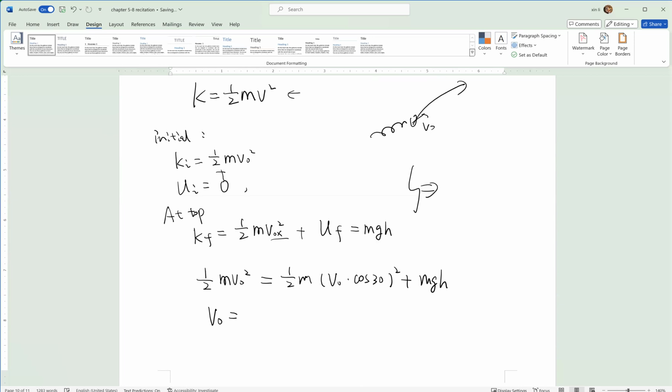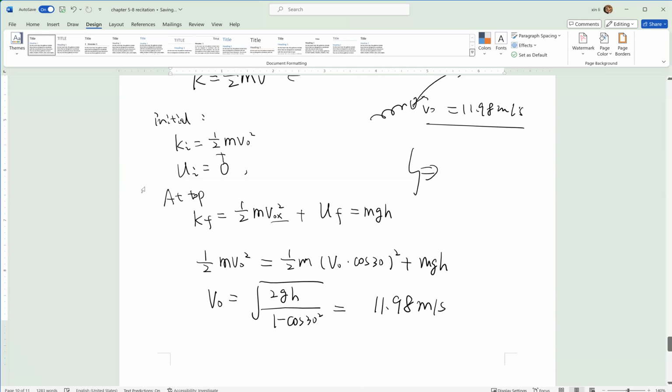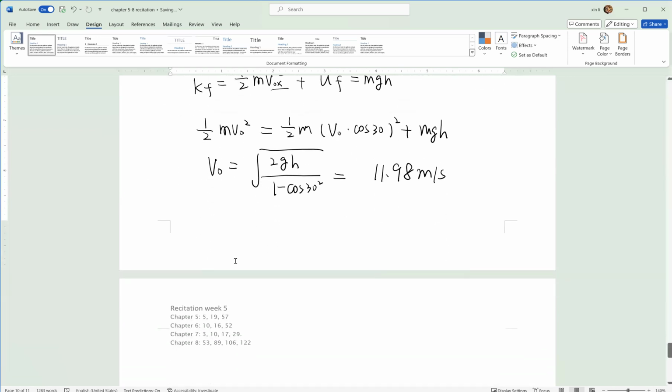So V initial will be equal to square root of 2gh over 1 minus cosine 30 squared. And then you will be able to get 11.98 meters per second. So this is the initial launch speed from conservation of energy. And this launching speed is all coming from spring potential.